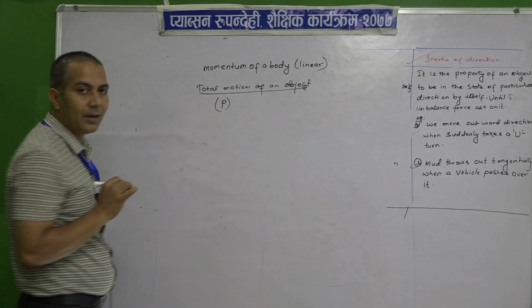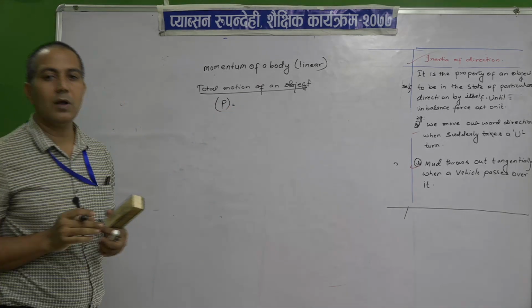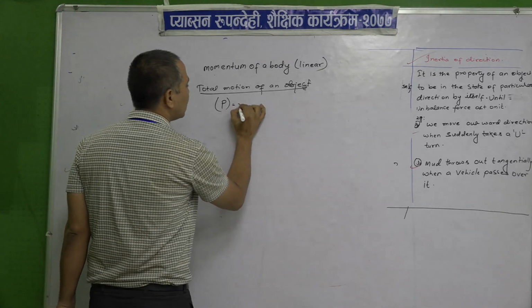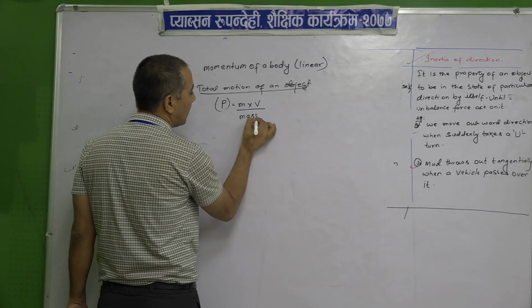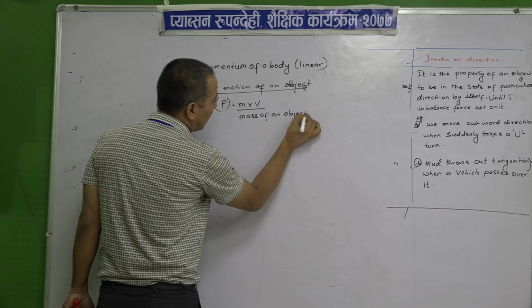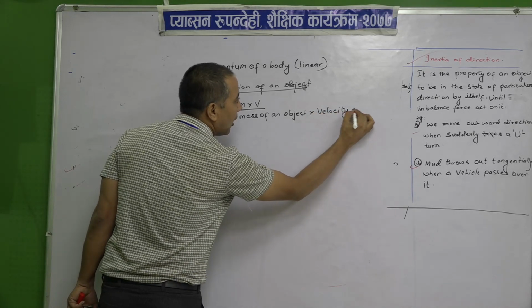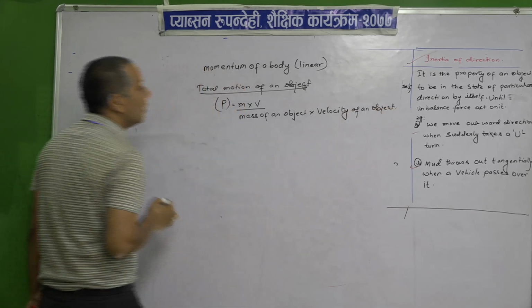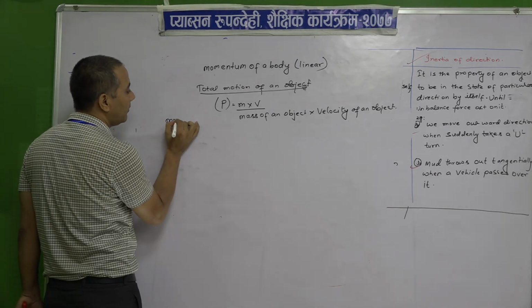Momentum is denoted by P, and P equals m into v, that is, mass into velocity. Mass of an object into velocity of an object. Okay, so P denotes momentum.